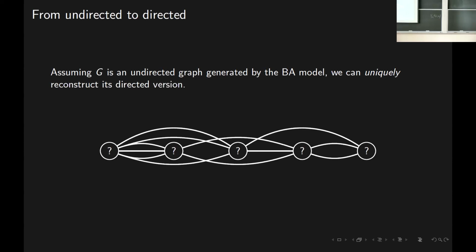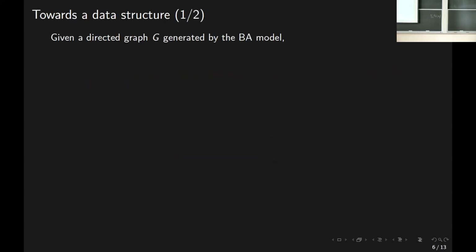We just take a vertex that has minimum degree in the graph. By degree, I mean the number of undirected edges incident to the vertex. In this case, that would be this one. We direct all the edges from that vertex to the other vertices. Likewise, we can do the same for this one because it has the minimum degree in the graph. And we continue like this.